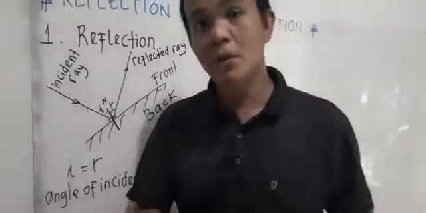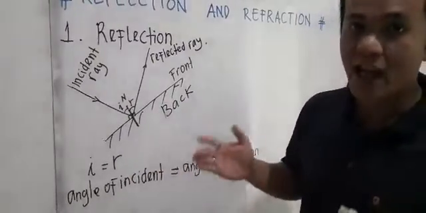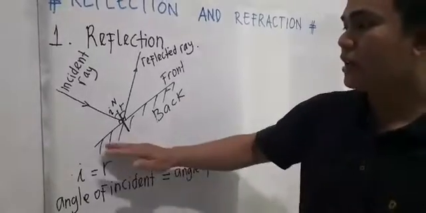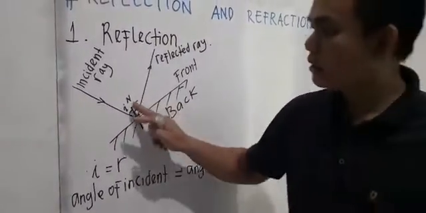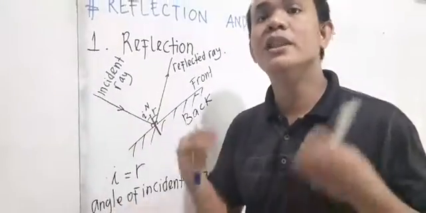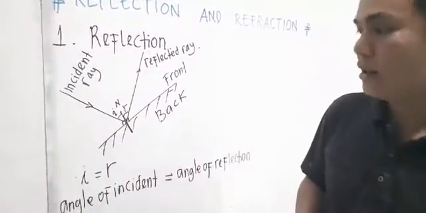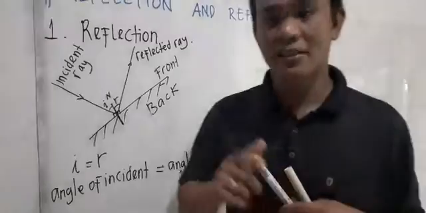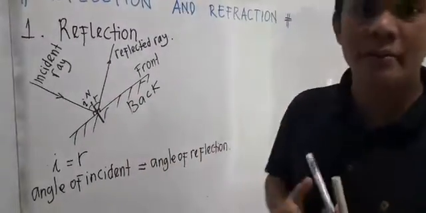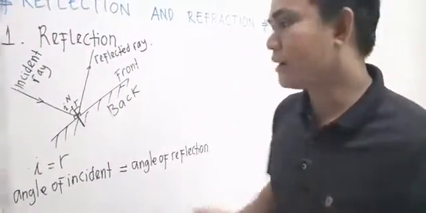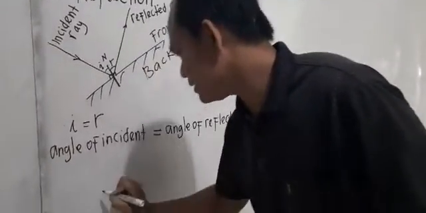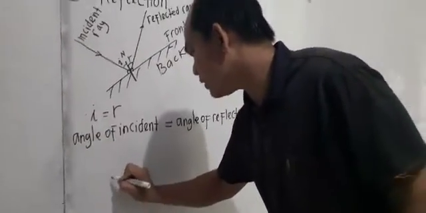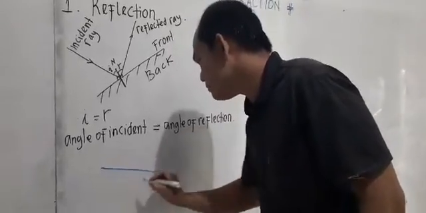Most of the students that I have taught before have difficulty making a normal line based on different surface areas. Let us see examples of the normal line for each surface. The first case is if the surface is like this.